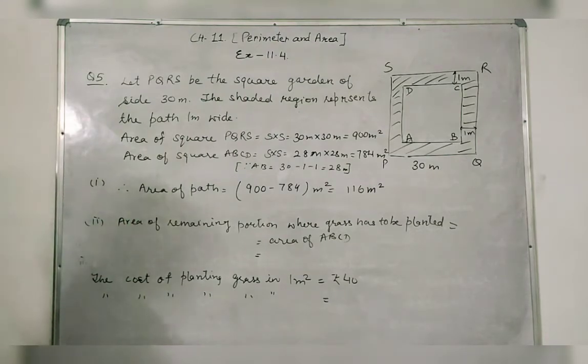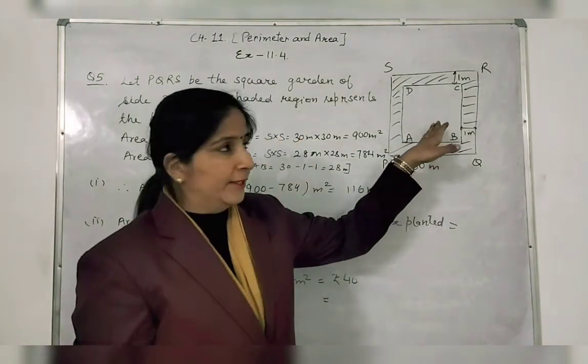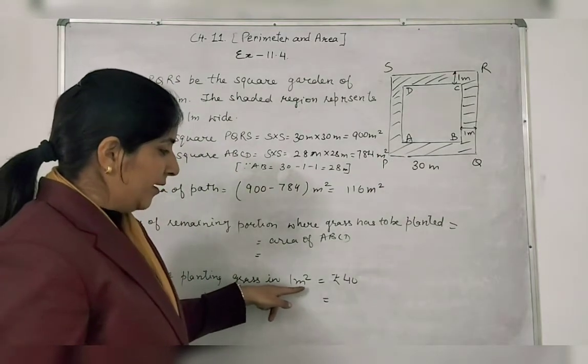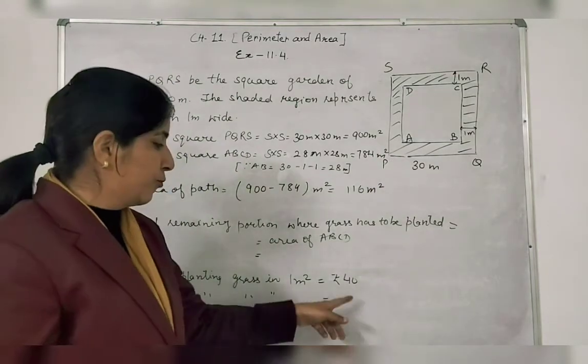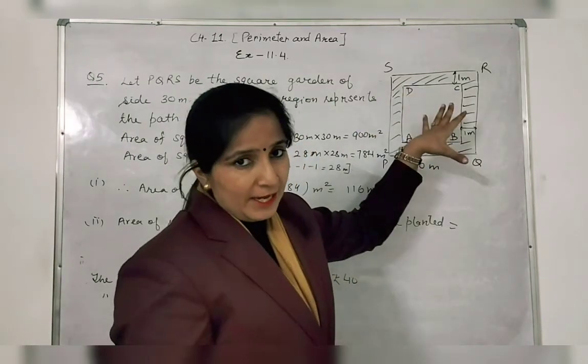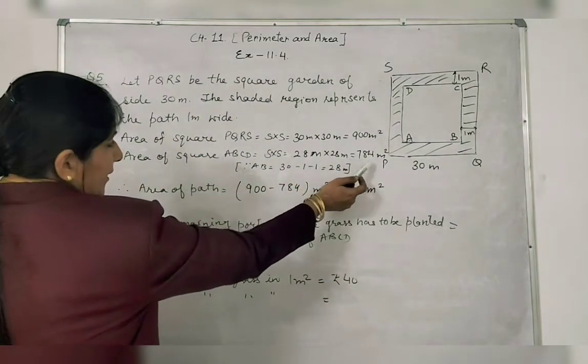Now part 2, in which we need to plant the grass and tell the cost of planting the grass. The cost of planting the grass for 1 meter square is given to us as rupees 40. We know the area of the inner square, and we need the area to calculate the cost. The area we have already calculated here is 784.